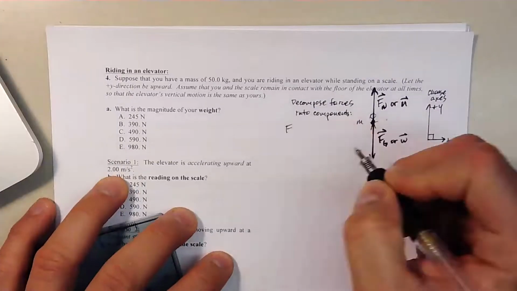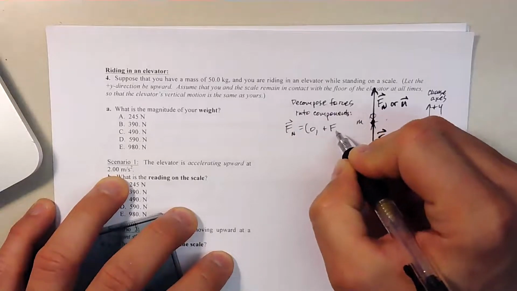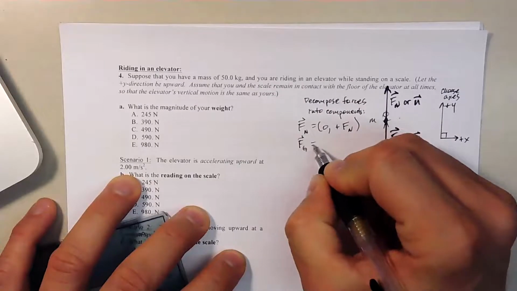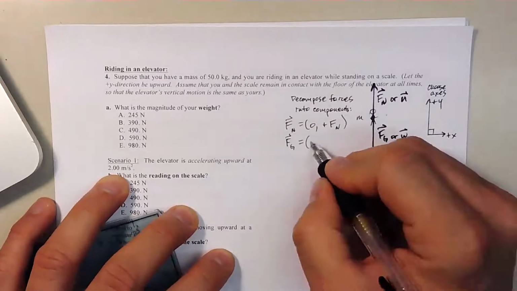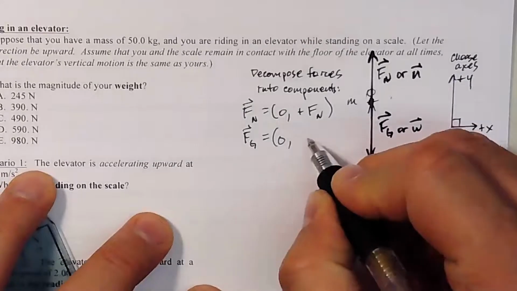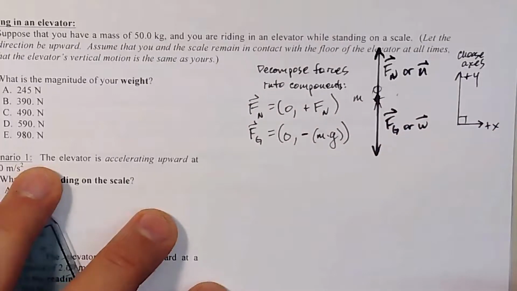So normal force, it has no x component, and the y component is the entire magnitude in the positive y direction. Weight has no x component. I'll zoom back in. And the entire magnitude is in the negative y direction. And that's it. Okay. So that's all of our forces.